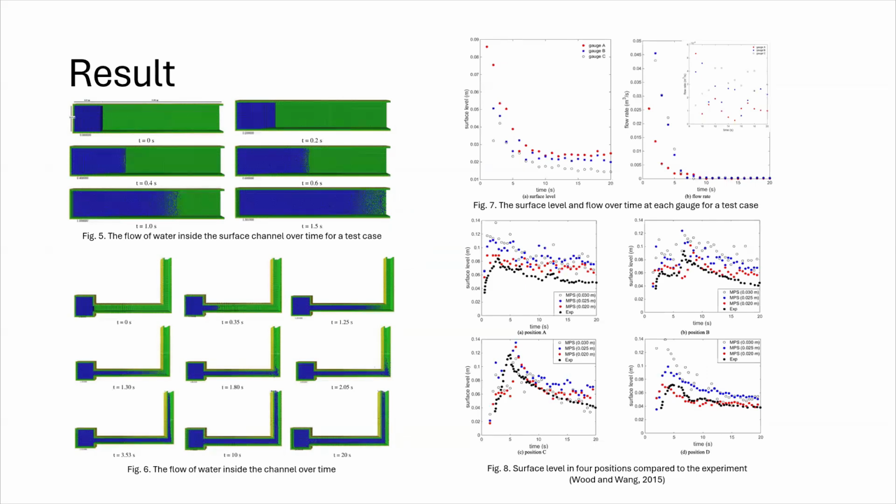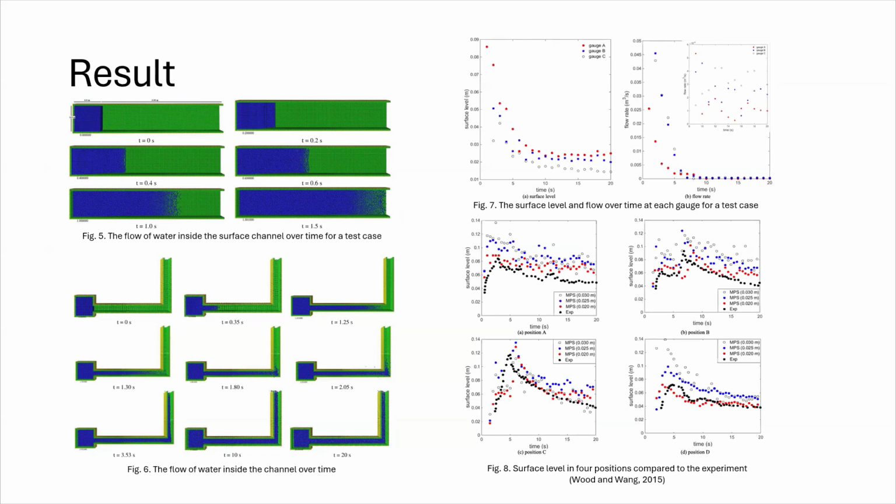We can see the water flowing inside the channel, and the data is compared with the experiment from Wood and Wang. We can see in figure 7 and figure 8 that the simulation has a good agreement with that experiment.